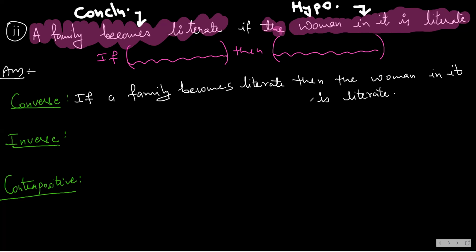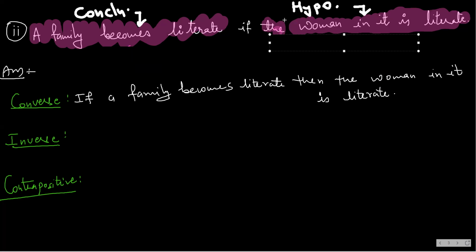I hope you have followed what I did. See, the hypothesis part was here, and this was the conclusion part. What I did, I made the conclusion part as hypothesis. So I wrote, if a family becomes literate, then the woman in it is literate.